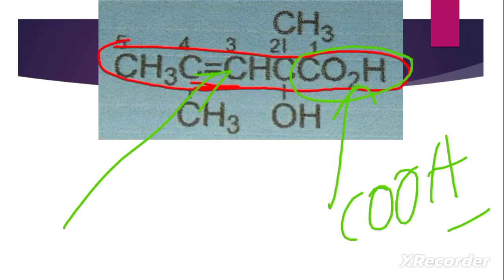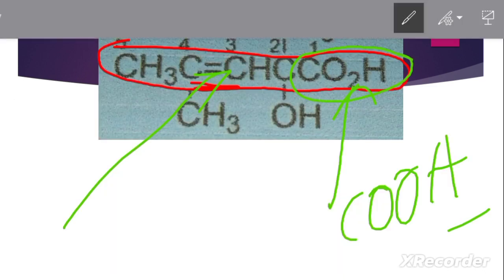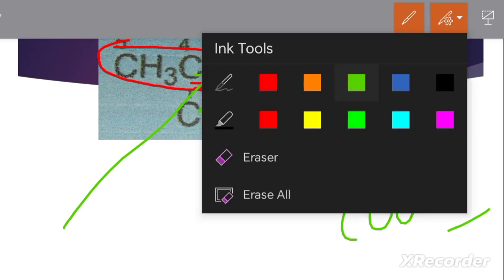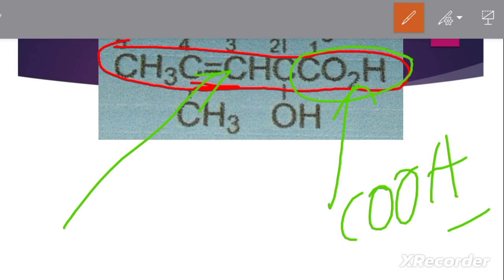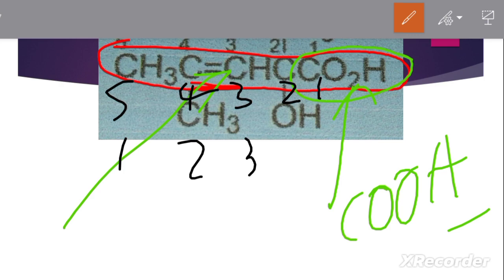So if we think about this, here you can see a functional group. If I number it from this direction, 1, 2, 3, 4, 5. From this direction, 1, 2, 3, 4, 5. So the functional group gets two different numbers, 1 and 5.